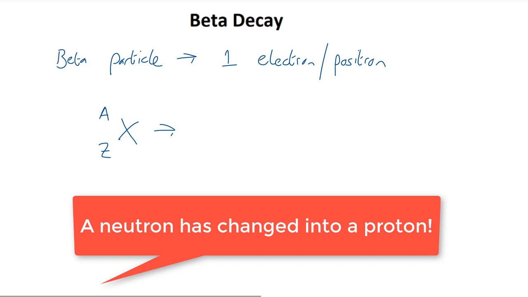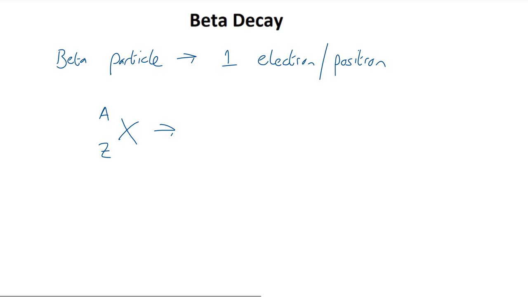Therefore, the number of protons and therefore the atomic number has increased by 1, but the mass number has stayed the same. Remember, the mass number is the number of protons plus number of neutrons. If a proton changes into a neutron, we still have the same mass number. Therefore, for beta minus decay, all that happens is the atomic number increases by 1 and a beta minus particle is emitted.